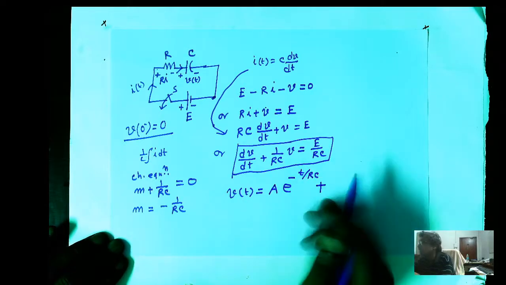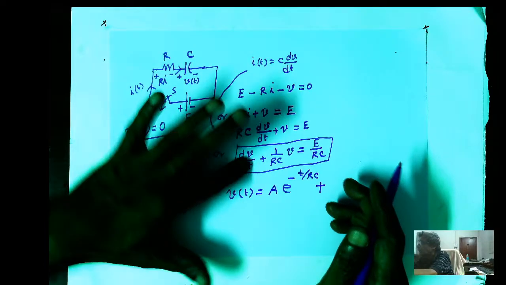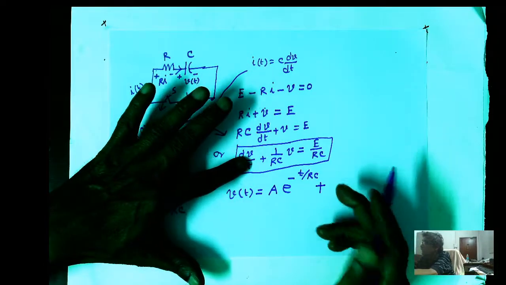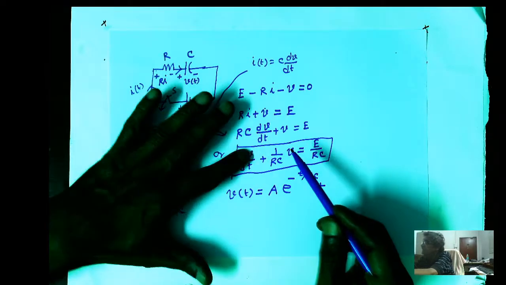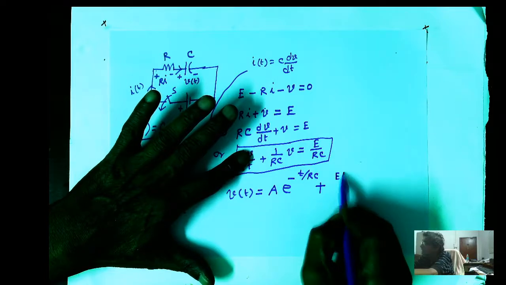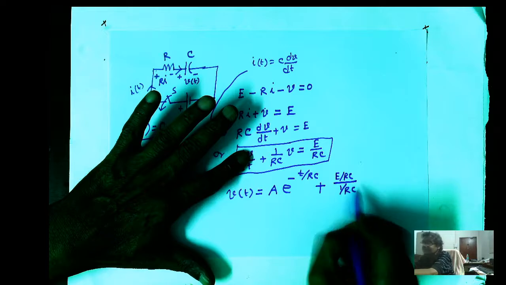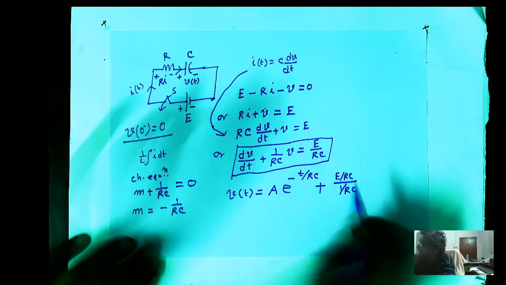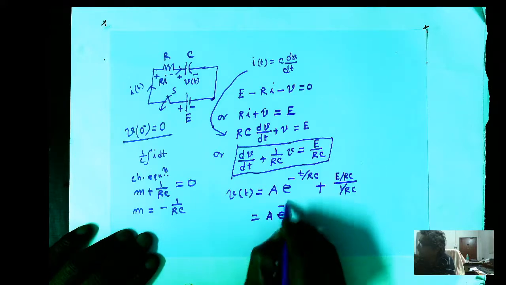The solution due to the forcing function will be, if you suppress the dV/dt term, E by RC over 1 by RC, meaning E. So the solution straight away will be like this.